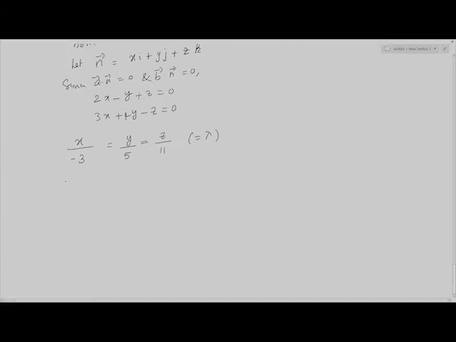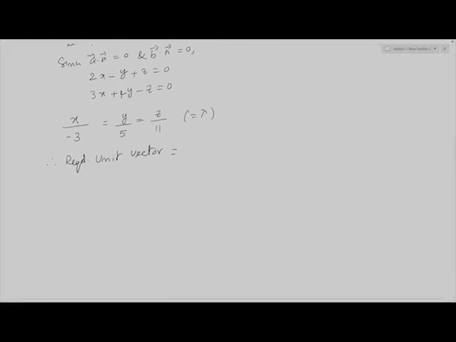So, what we want is a unit vector. Now we have the n vector, and therefore the required unit vector: if I know the vector n, then simply divide by its mod, that is a unit vector. So, here it is given by minus 3i plus 5j plus 11k whole divided by the square root of, because this lambda, if I write x equal to minus 3 lambda, y equal to 5 lambda and z equal to 11 lambda, this lambda will get cancelled in the numerator and the denominator.